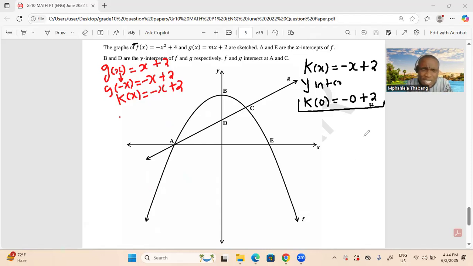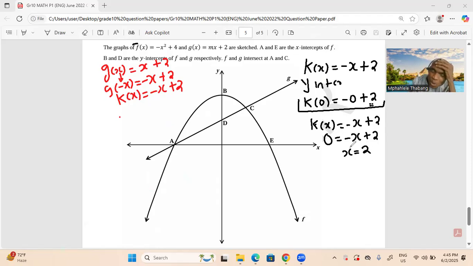How do I find the x-intercept of k? To find the x-intercept, we let y be 0, so k of x is going to be 0. The x-intercept also is 2.